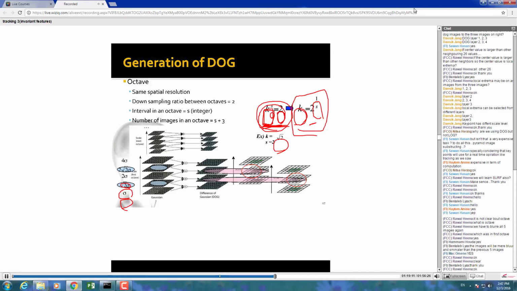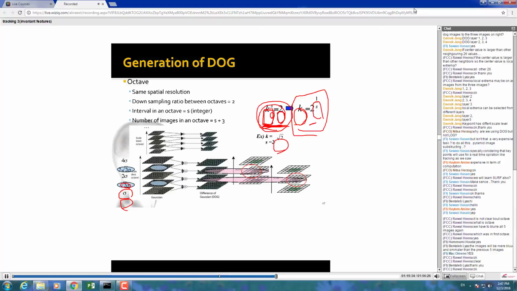So K is determined by the base number 2 and the number S. The interval is S. How many intervals do you want?